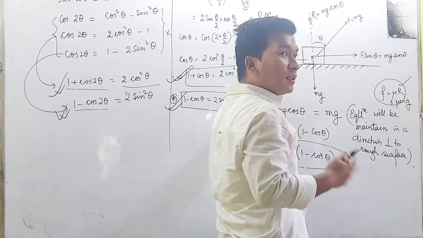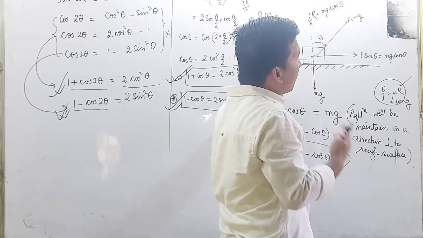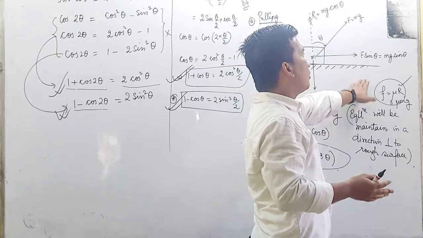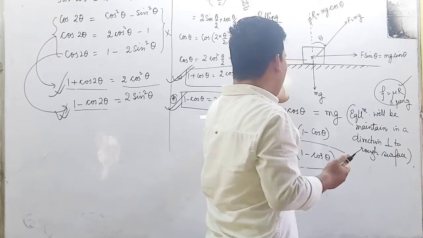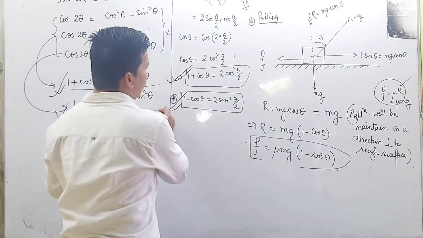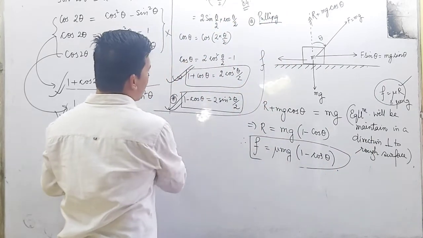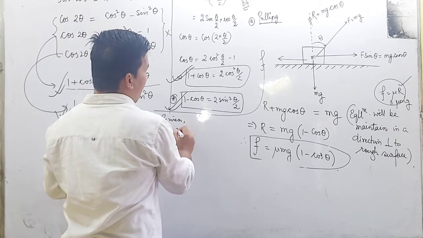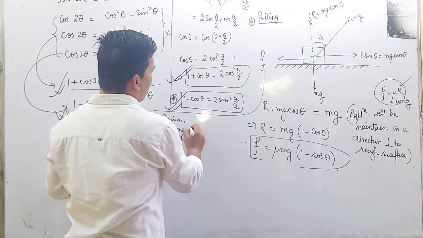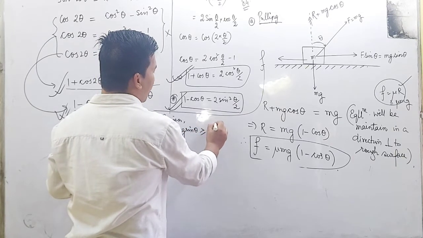According to our condition, we must have a value of mg sin theta greater than your f. According to our given condition, mg sin of theta must be greater than f.